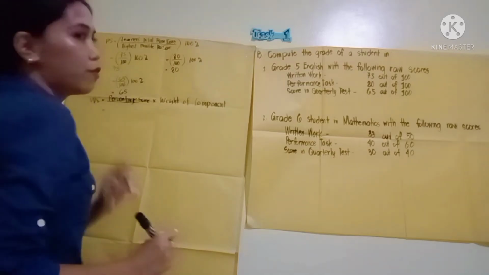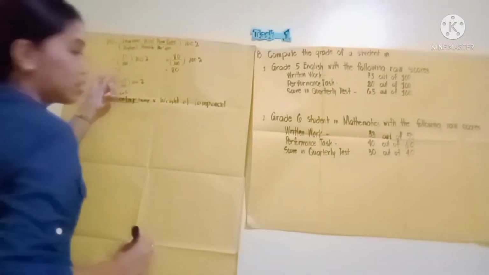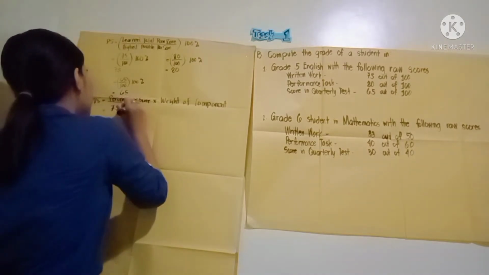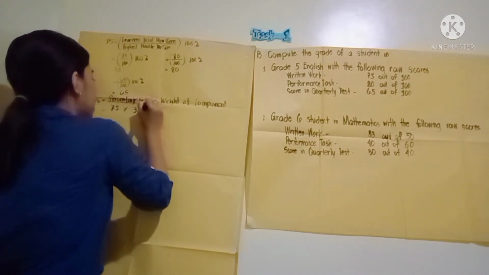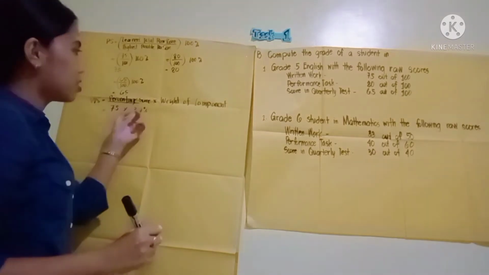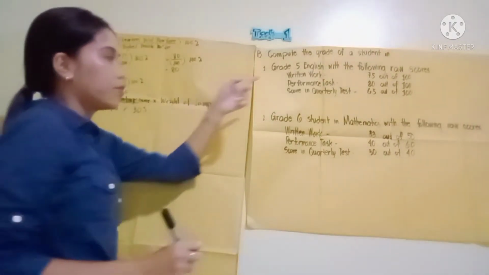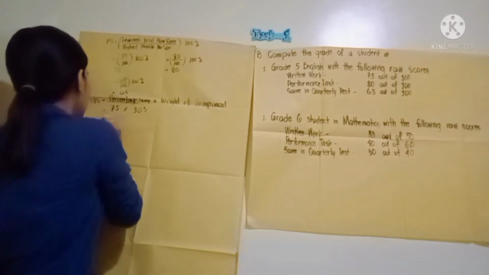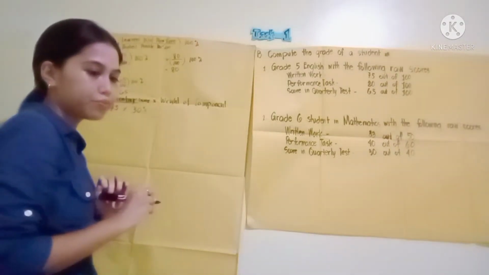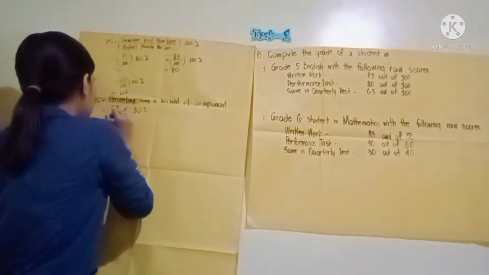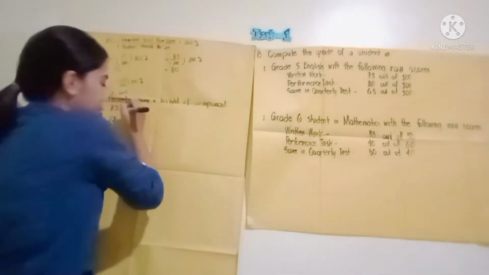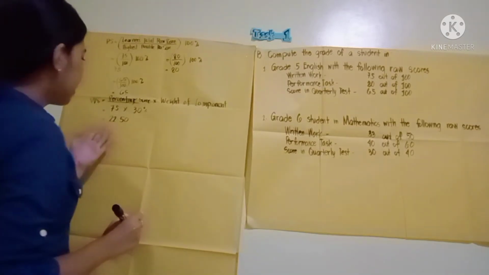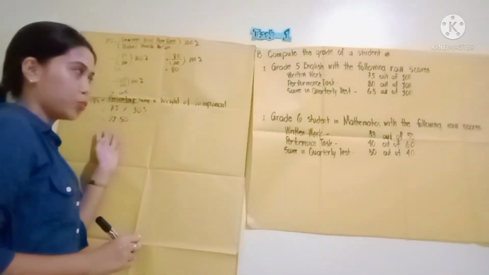The percentage score for the written work is 75. So 75 multiplied by 30%, which is the weight of component of the grade 5 English subject. So it equals 22.50. This is the weighted score for the written work.